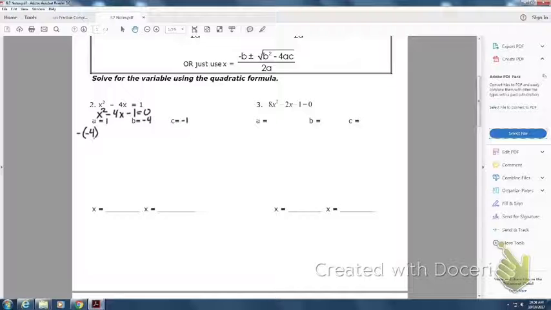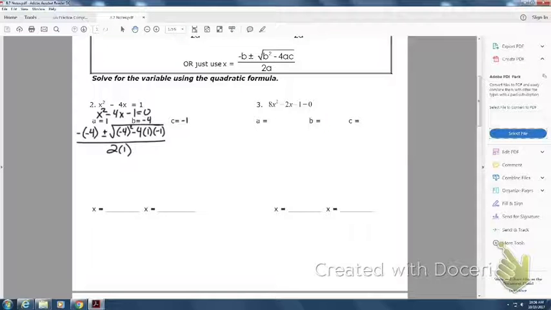That negative belongs to the B value. Plus or minus the square root of b squared minus 4ac all over 2a.